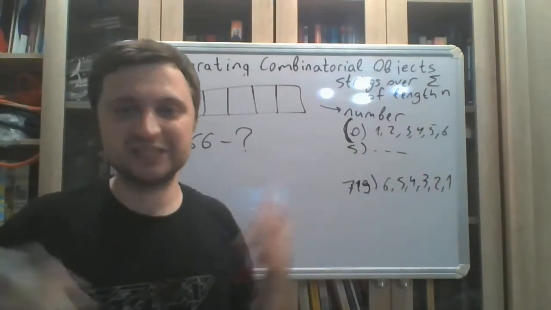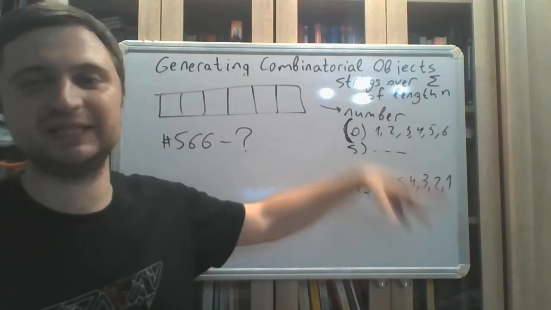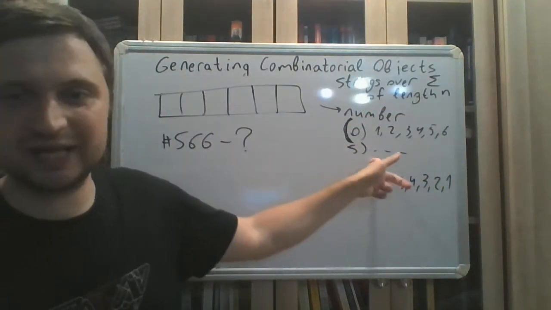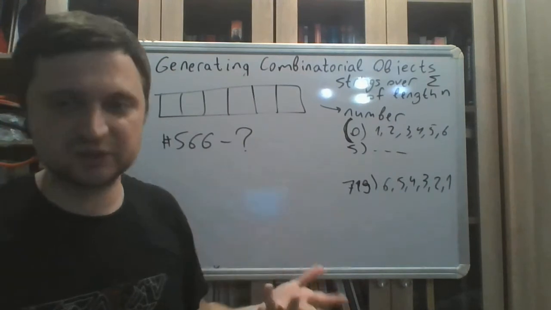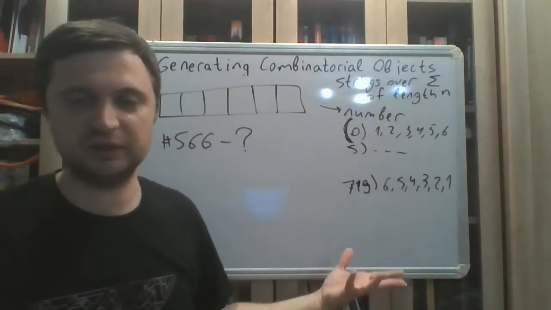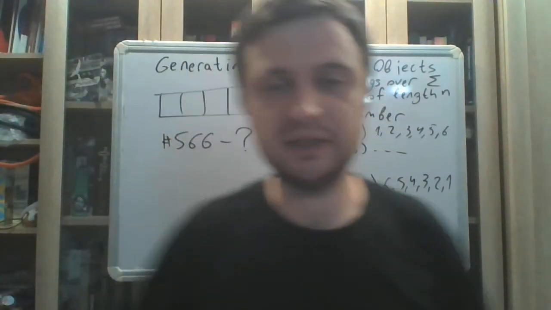So once again, as a joke, we can generate all the list in exponential time and just take the element number 566.